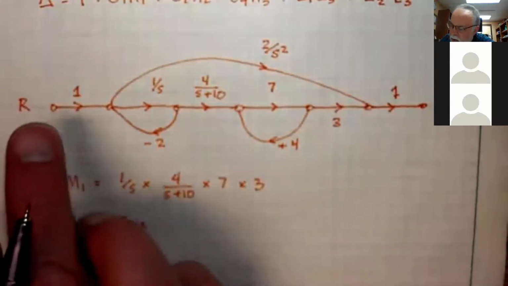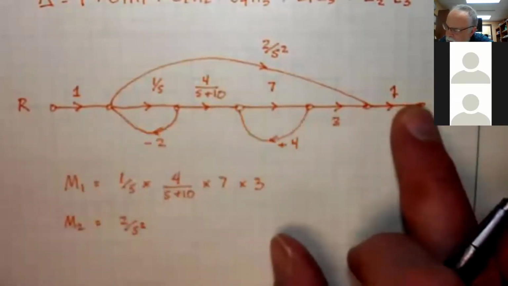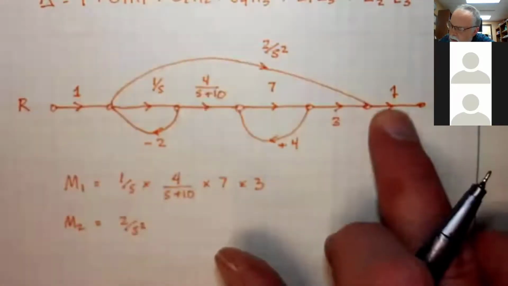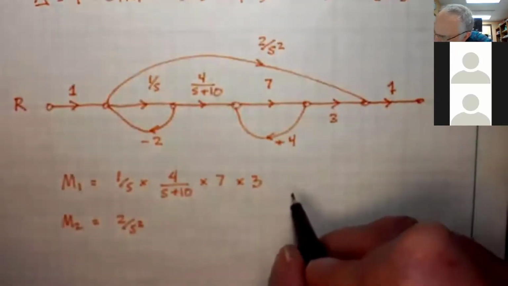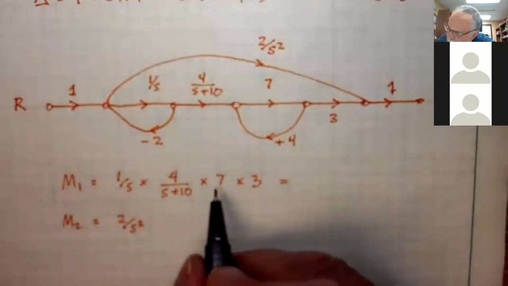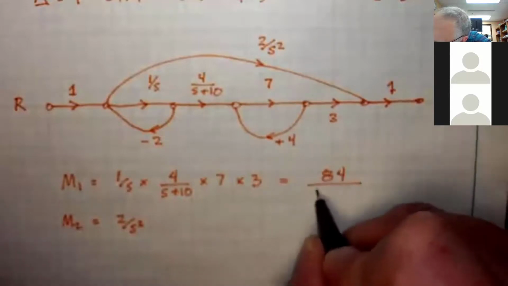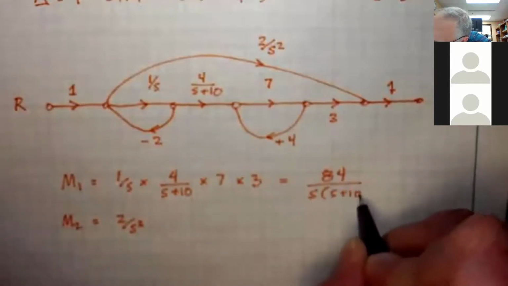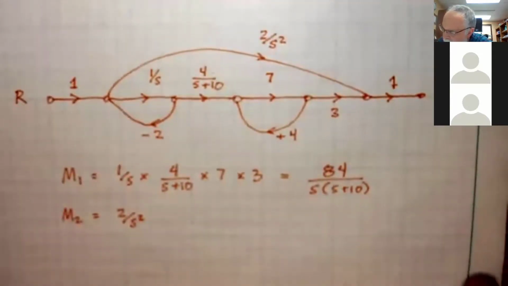So I've got two paths that take me from R to C. I've got the path right down the middle, and then I've got a path that goes over the top. So that would be 84 over S plus 10. And then that's 2 over S squared. So not a problem there.